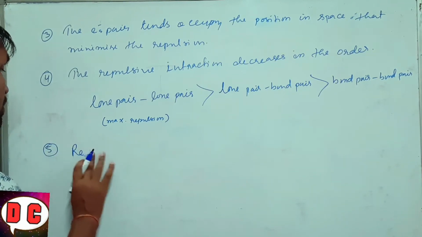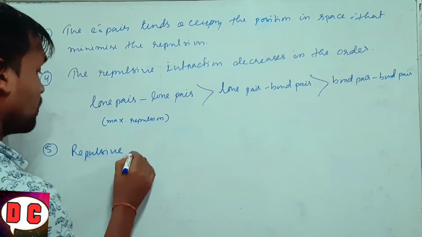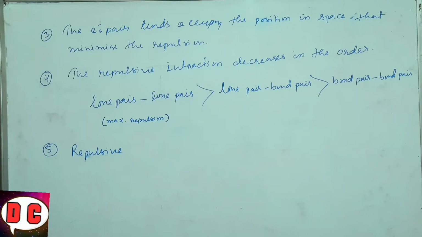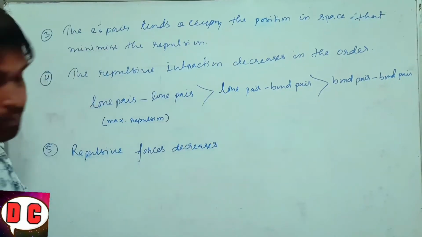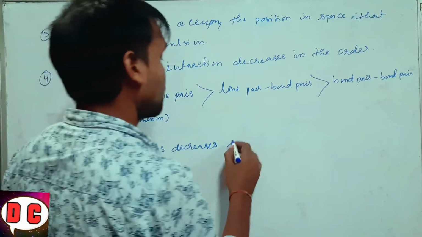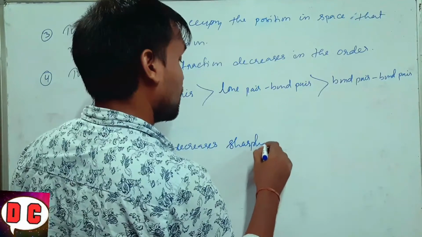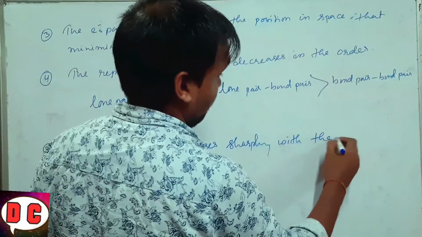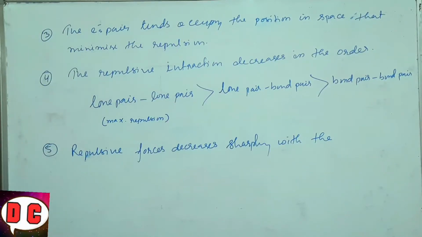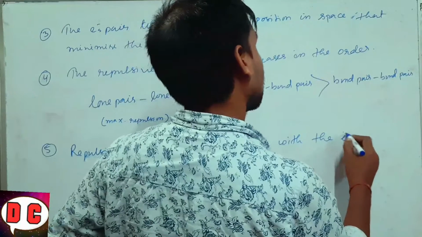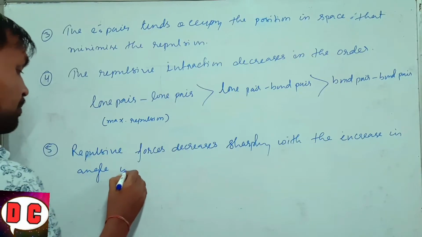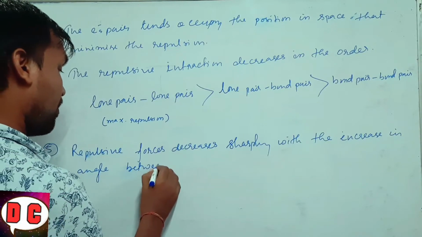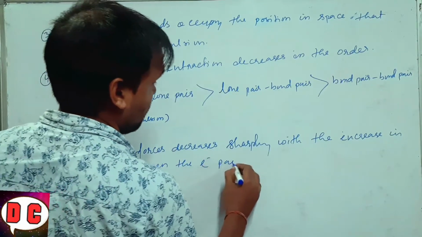The repulsive force decreases sharply with increase in angle between the electron pairs.